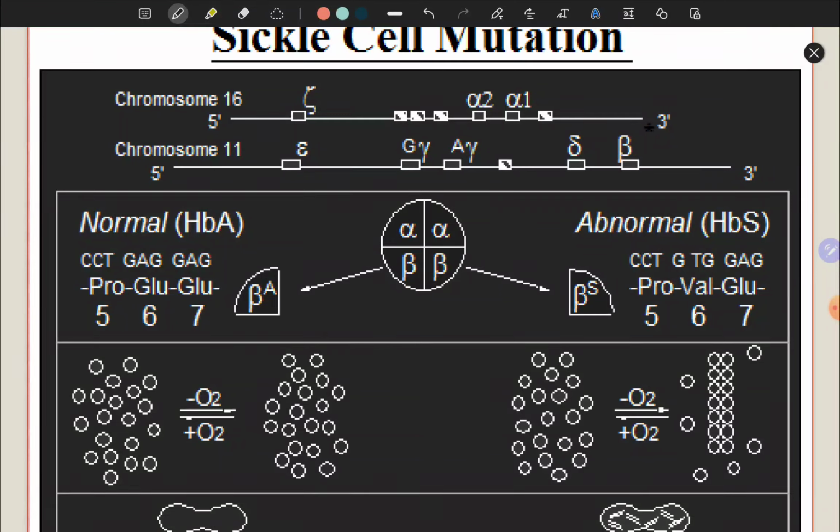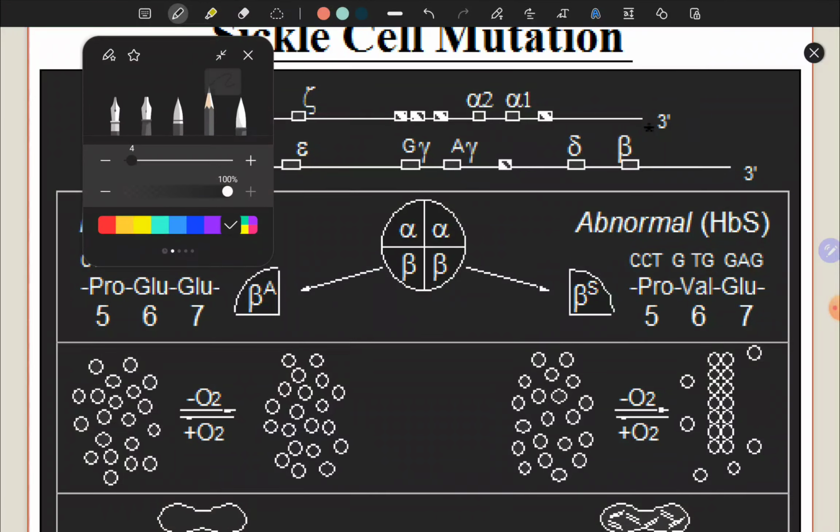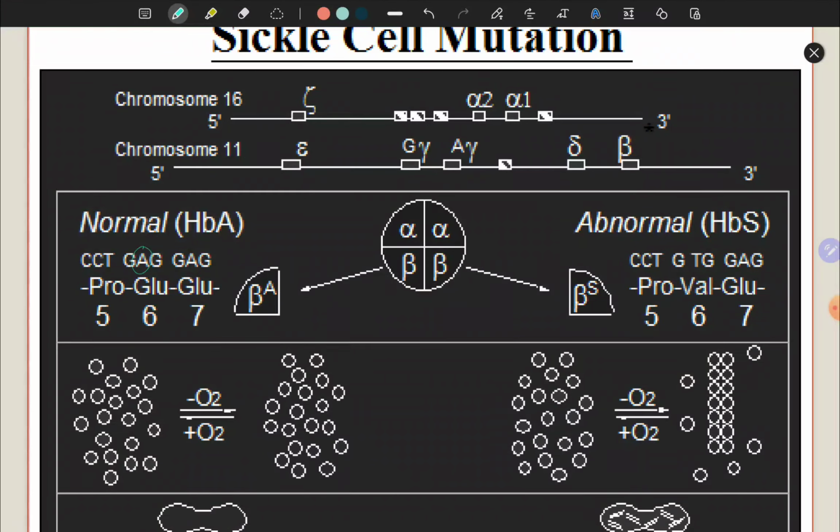So there is a mutation at the DNA level, changing the adenine by thymine. When this is translated into protein, the amino acid produced from GAG is glutamic acid, while GTG is valine. And this happens at position 6 of the beta globin chain.